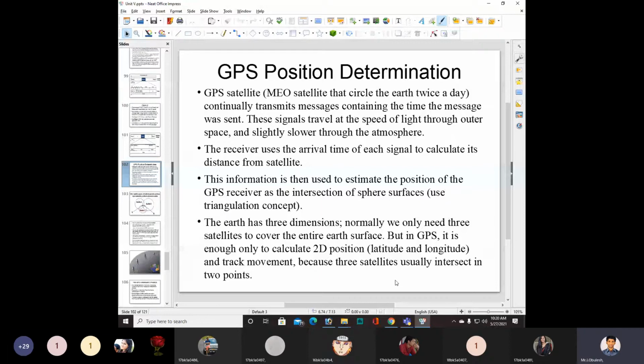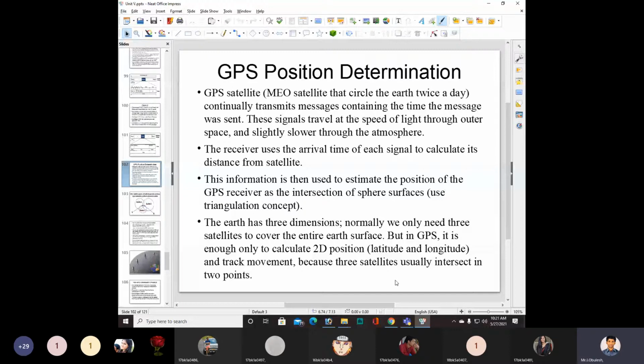If the signal arrives in a very short time, the distance is very small. So the arrival time depends on the distance between the receiver and the satellite, and based on that we can calculate the distance from the satellite.